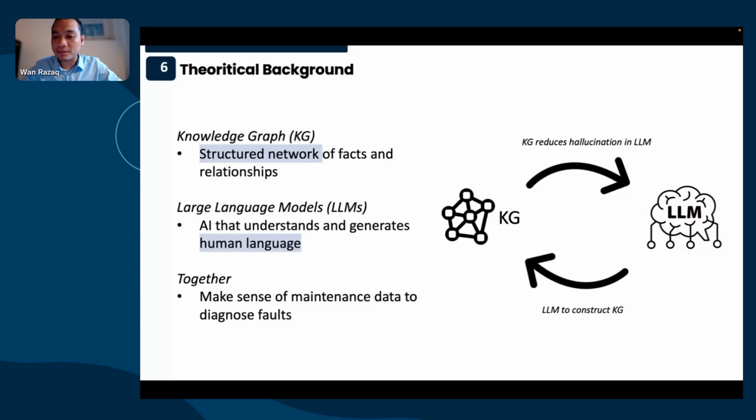For example, an LLM can help the knowledge graph in constructing entities and also relationships. So if we combine these two technologies together, it could make sense of maintenance data and also help engineers to diagnose faults for machines. So that's the idea.